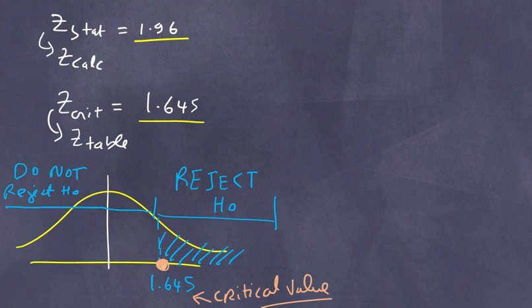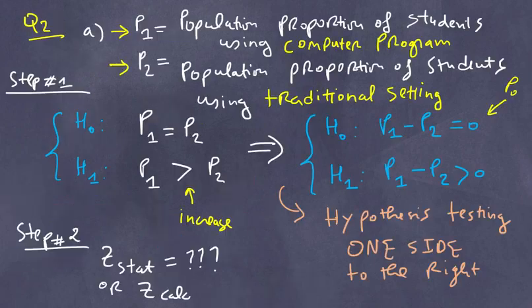But then you ask, why do we reject when it's above? Why not below? But then we have to go back to H1, right? Look at H1. It says bigger, greater, one side to the right. When the value of Z-stat is greater, above the critical value, we do reject H0.